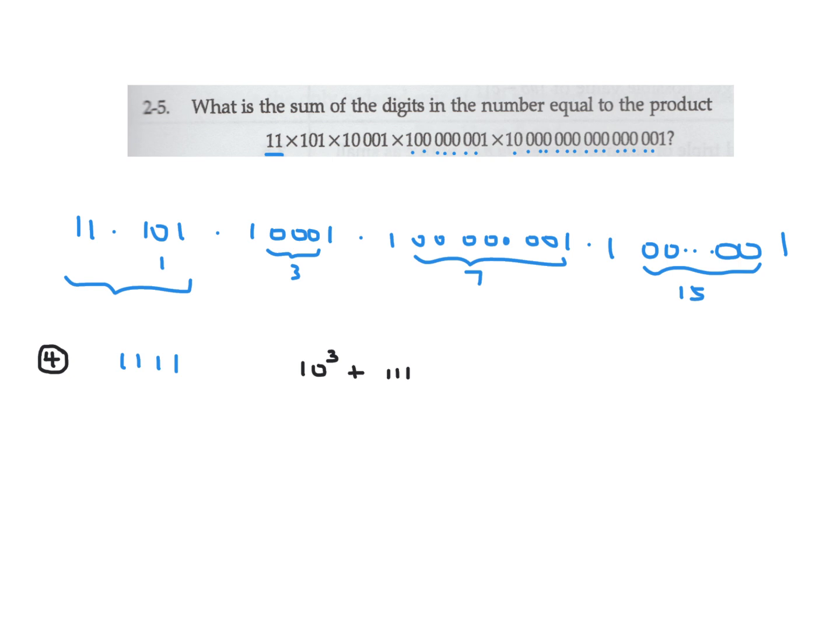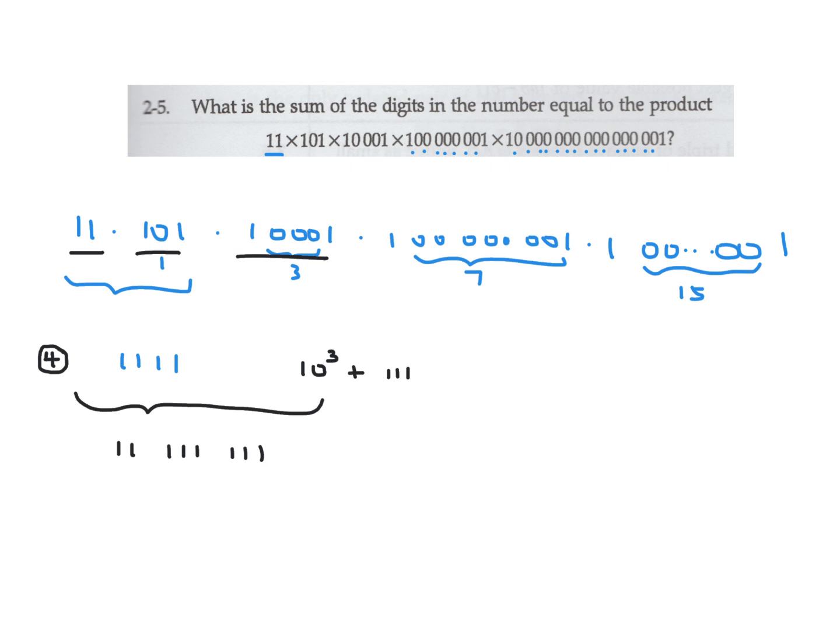I don't know if that helps in any way, but let's just keep going here. So now let's look at the 3, this, and this, all multiplied together. And if you do that, you will get 1, 1, 1, 1, 1, 1, 1, 1. Correct? So what does that tell us?